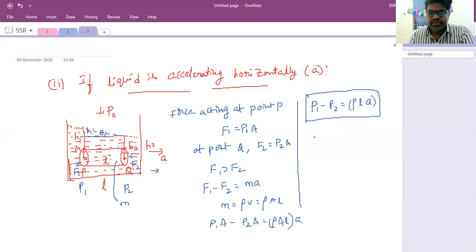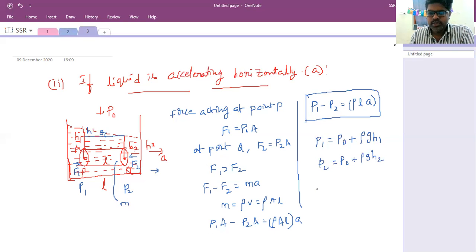In terms of height, what can you write for pressure P1? Pressure P1 is equal to P0 plus rho g H1, as the point P is located at height H1. Similarly, P2 is equal to P0 plus rho g H2.